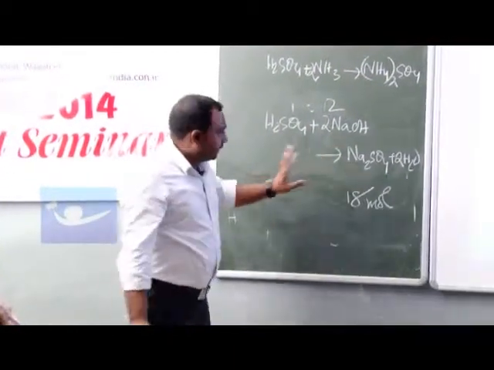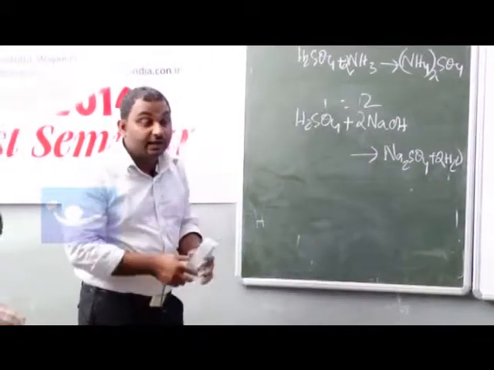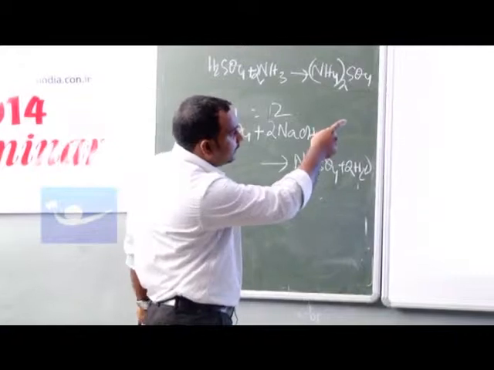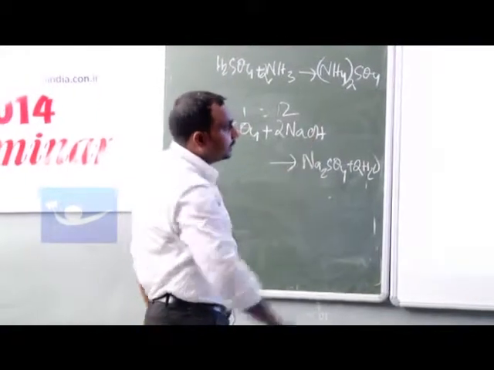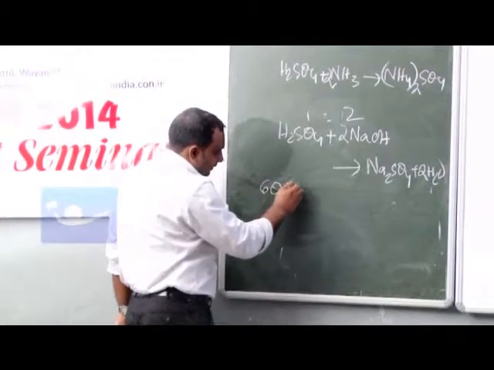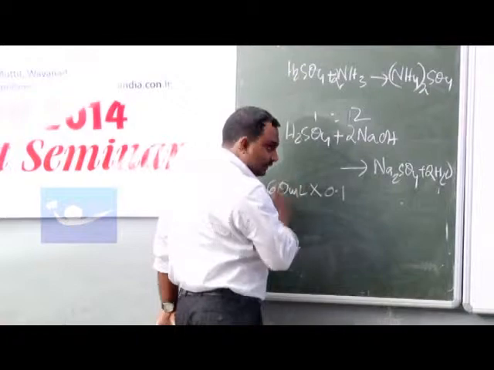So first you have to find out what amount of H2SO4 you have initially taken. So what is that? You have taken 60 ml of M/10 sulfuric acid. So 60 ml, M/10 means 0.1, right?